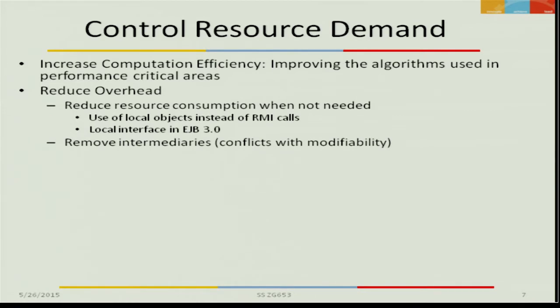Then, removal of intermediaries. What that means is that oftentimes if A wants to talk to B, there might be a mediator or a proxy which takes a request from A and then gives it to B, instead of A making a call to B directly. That obviously causes performance bottlenecks or performance issues.